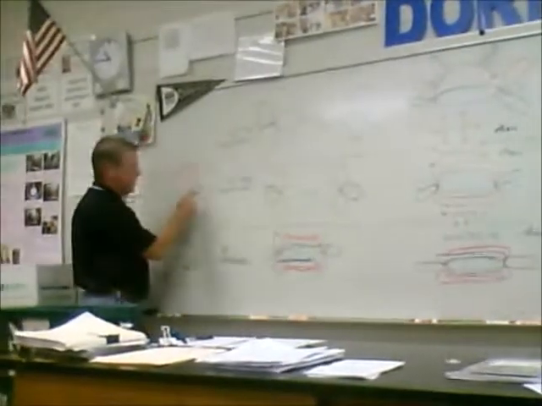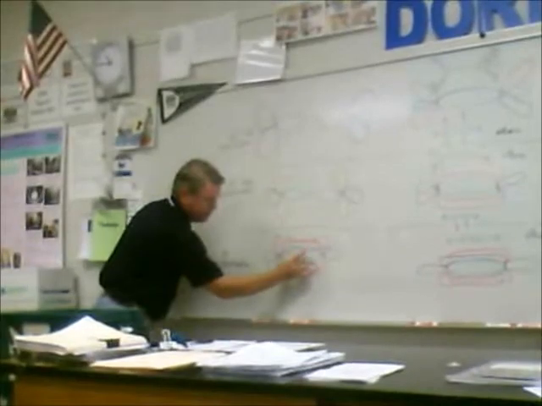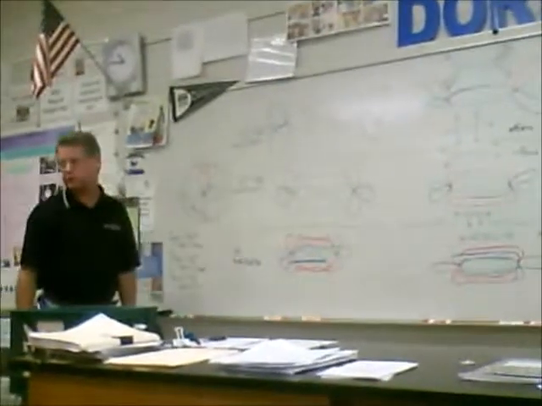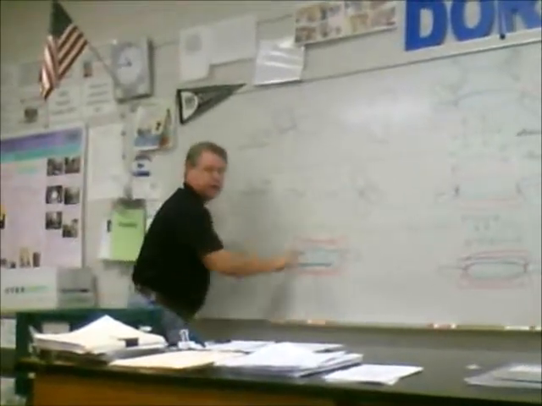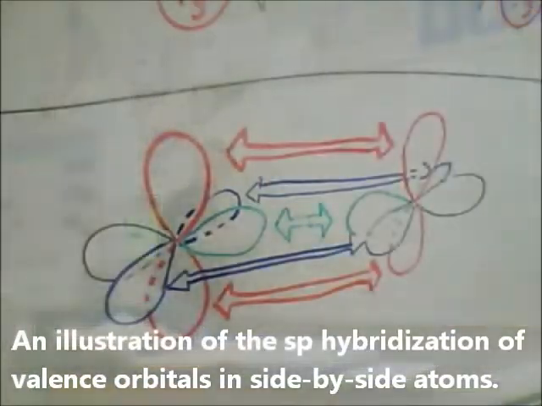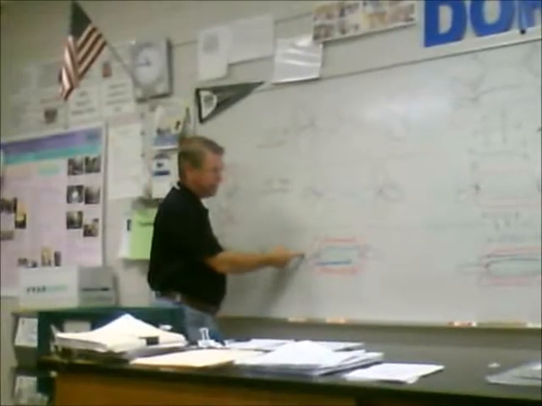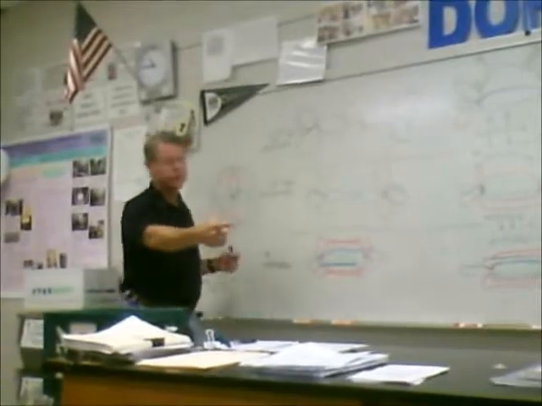In addition to that, we have a hybridized sp orbital here that is overlapping directly on the line between the two nuclei. So it's forming a single bond directly in the middle, a pi bond top and bottom, a pi bond front and back. And then we're going to have either a bond or a lone pair sticking out both ends.